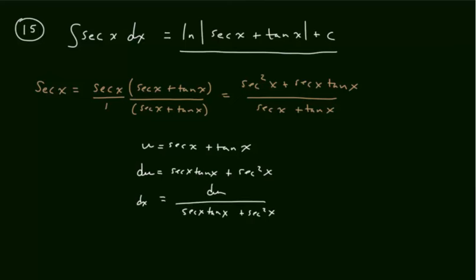And behold, this entire denominator would cancel out with this numerator here, and then this integral of the secant of x dx equals the integral of 1 over u du, which is natural log absolute value of u plus c, which equals natural log absolute value secant of x plus tangent of x plus c.